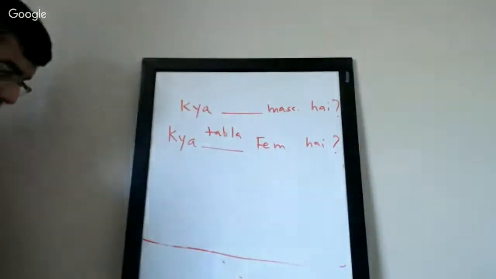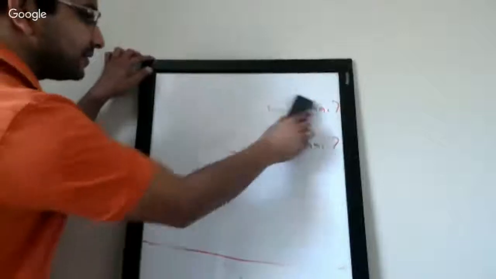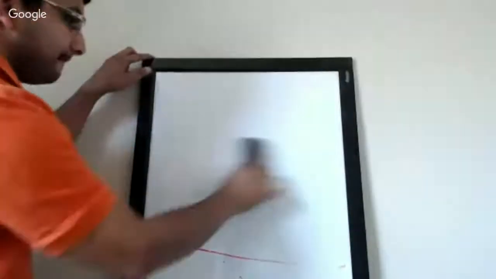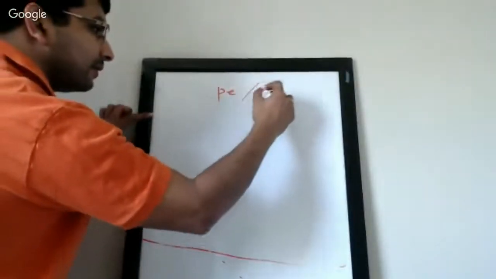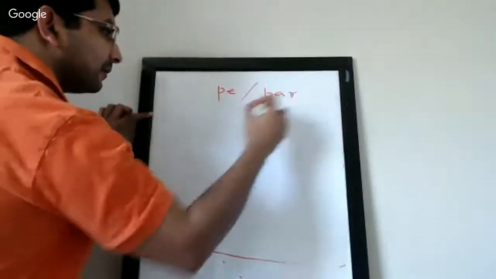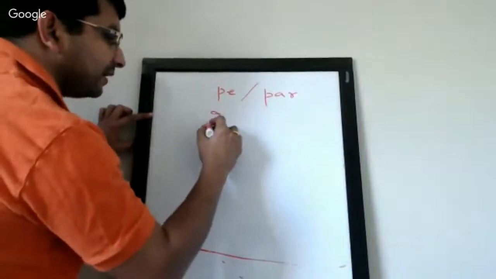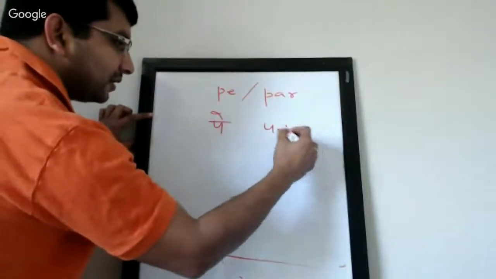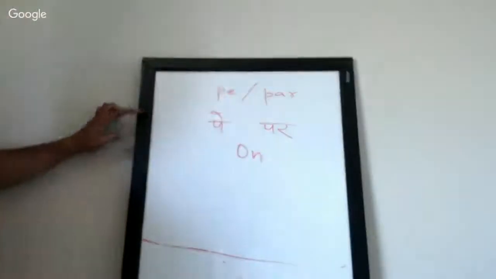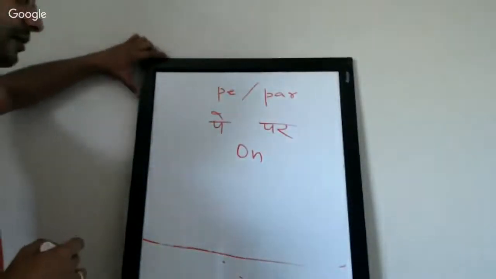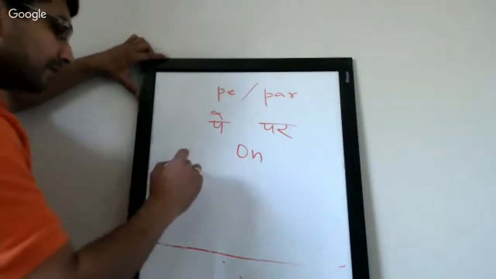Okay, so let's look into the next one, which is pay or per. Both of them are the same. You have pay and you have per, and this is again a postposition, on.